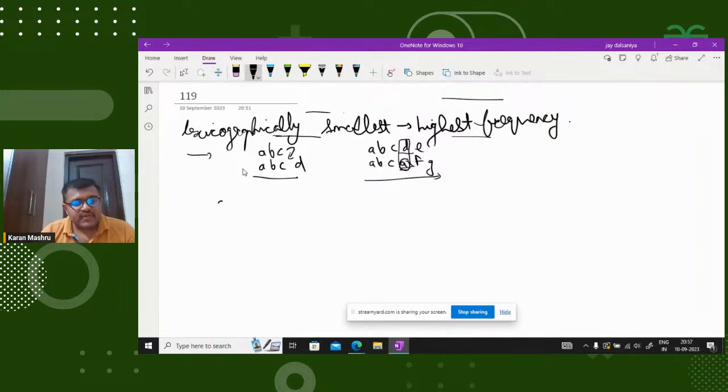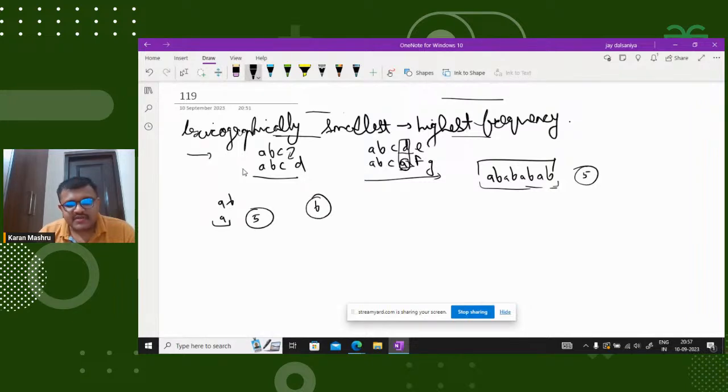Suppose we get ab as the highest frequency substring, with frequency 5. But a is also a substring which is present 5 times, and b is also a substring present 5 times.